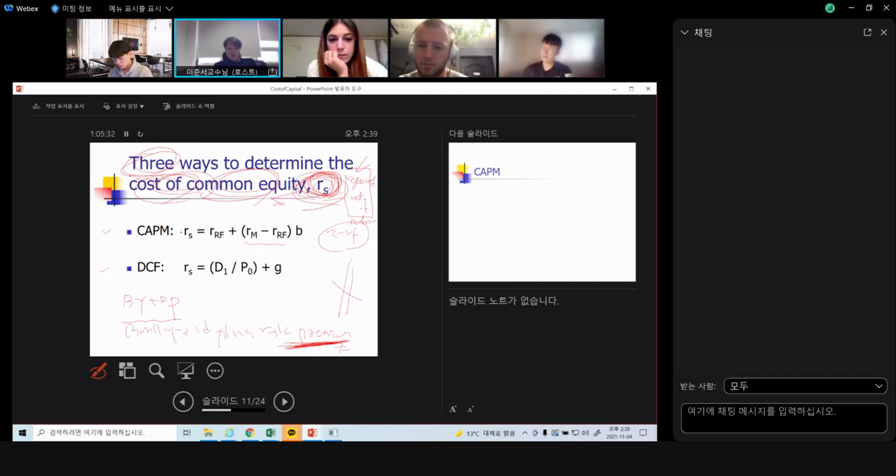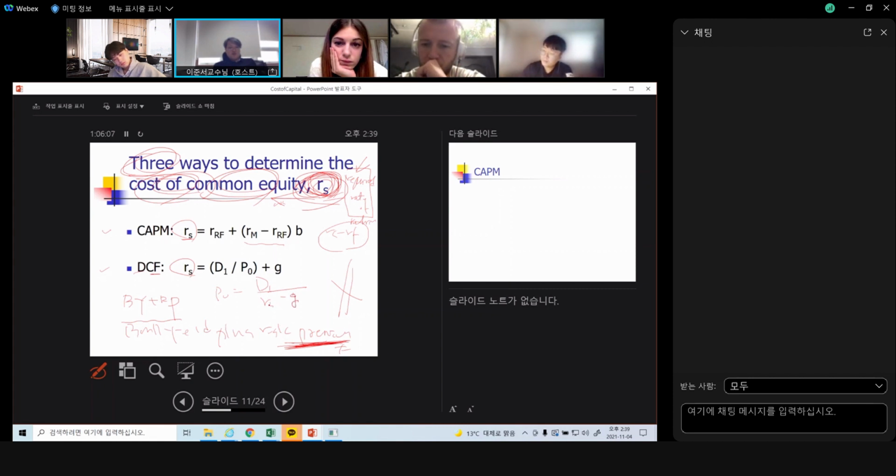So how can we calculate the cost of common equity? Which means, how can we calculate the required rate of return? We already covered that, right? So the CAPM: RS is RF plus (RM minus RF) times B, or discounted cash flow. This is the dividend discount model. If the dividend grows at a constant rate, then the stock price is D1 divided by RS minus G, right?